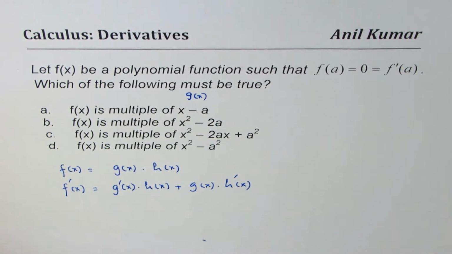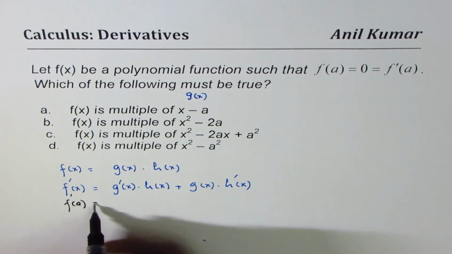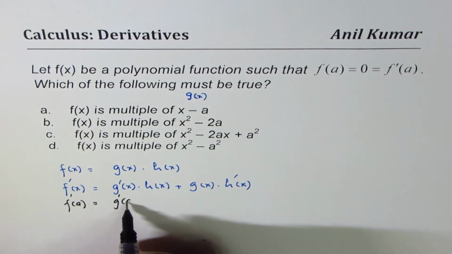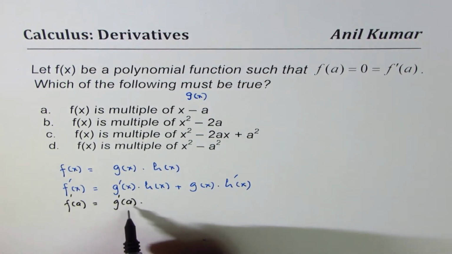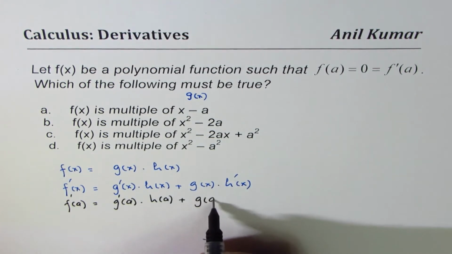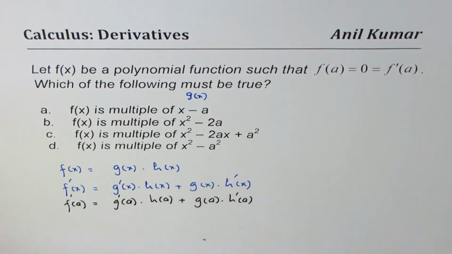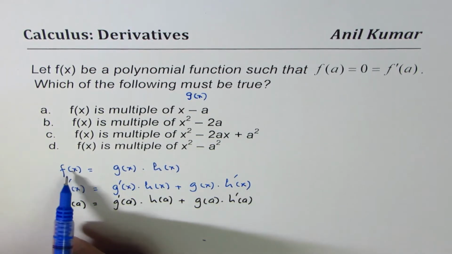So let me write down the derivative at a. So f dash a will be g dash a times h a plus g of a times h dash a, correct? Now what we are given here is that f of a, which I am calling is 0, this is 0.